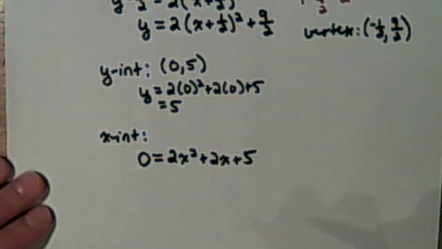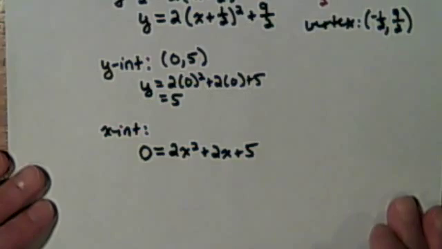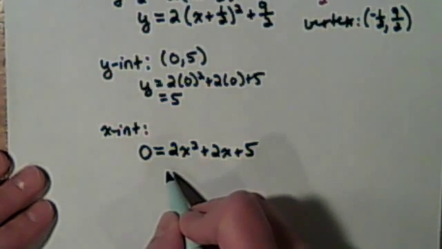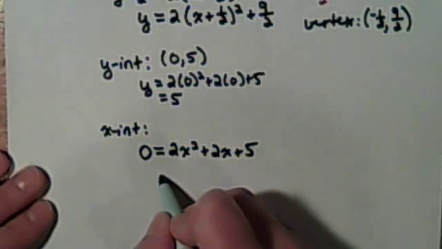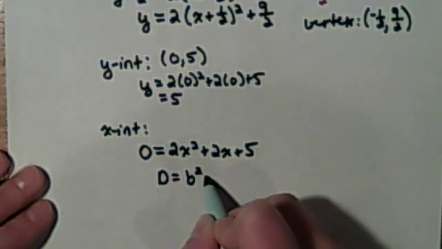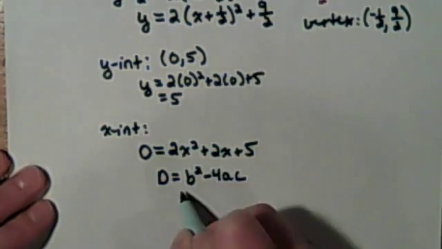Now if I look at that equation, it certainly doesn't factor, or it doesn't appear to factor. So one way I can check to see if there are x-intercepts is check the discriminant. Now remember that the discriminant is b squared minus 4ac.